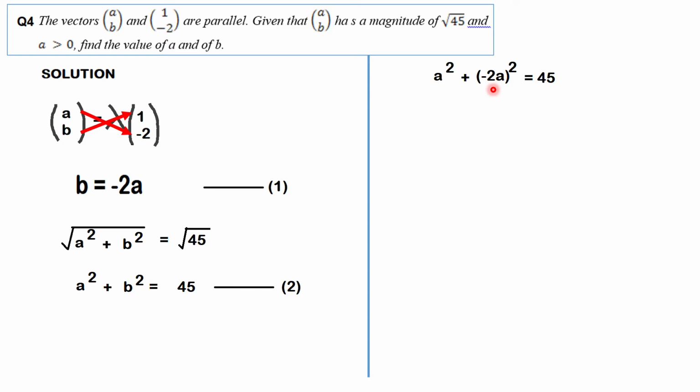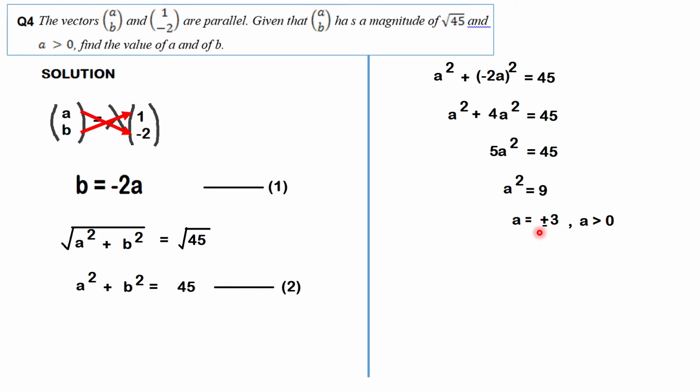So here negative 2 in brackets squared, you'll get 4, and a squared, you get a squared. Now simplify this. a squared plus 4a squared, you'll get 5a squared equals 45. Bring down the 5. Left a squared equals 9. Square root, you'll get a equals plus minus 3.